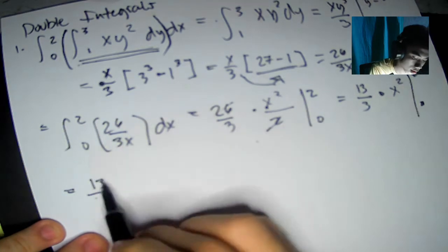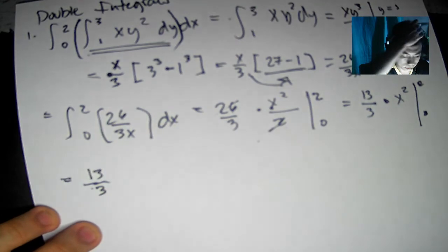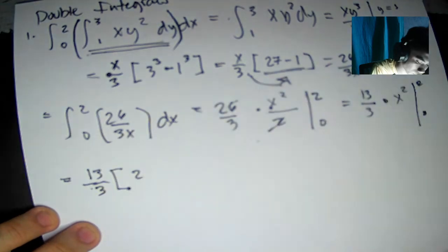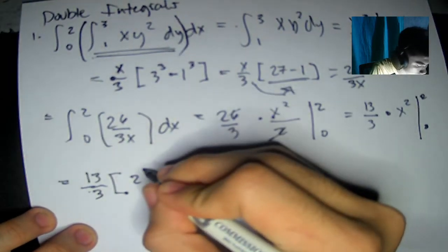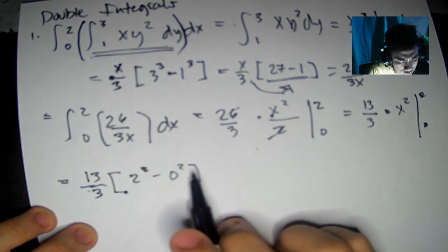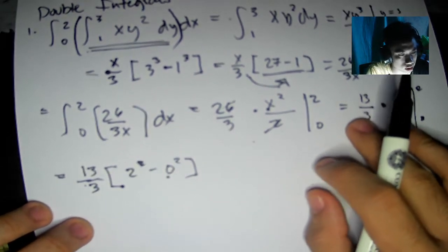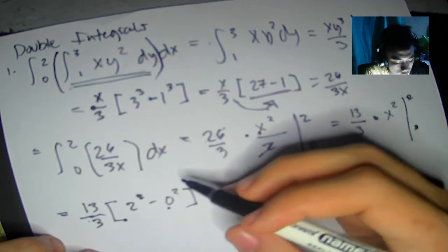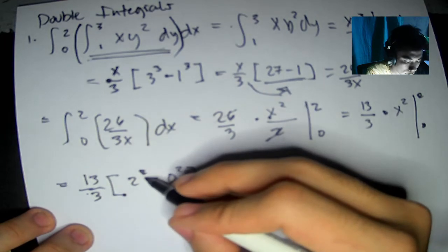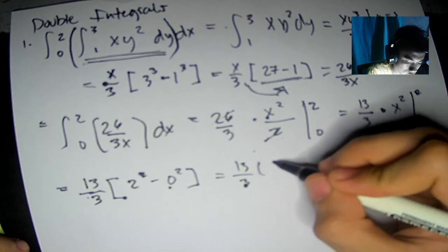The same as I did above, I just put it in denominator form and multiplied by your limits squared because it is x squared. So 2 squared minus 0 squared. In this case, let's just disregard 0 because 0 in any power or exponent is still 0. And 2 squared is equal to 4, so you'll have 13 over 3 times 4.